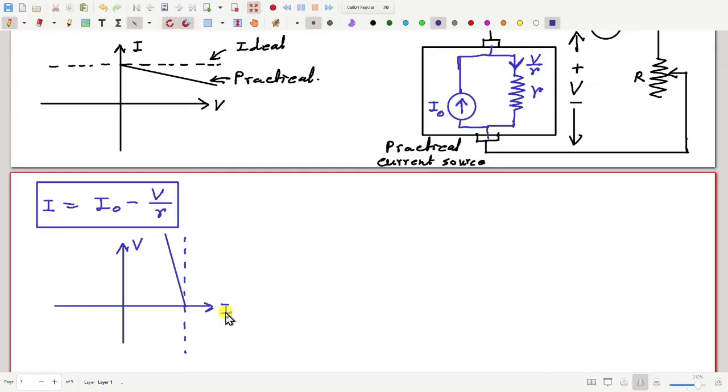And how much is the slope of this line? Minus 1 by R or minus R? It's V by I, right? Minus R. Yes.